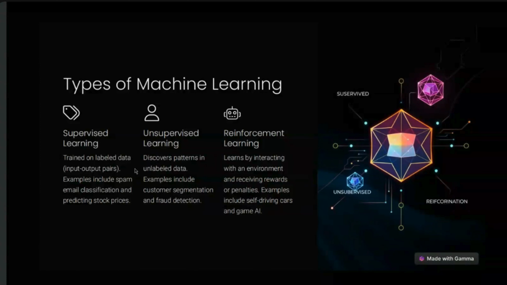Like in email, there are so many spam emails. Our model is learning from that, this is spam. The human is also a machine learning. When we are small, our parents give us sanskar. They guide us on how to eat food.